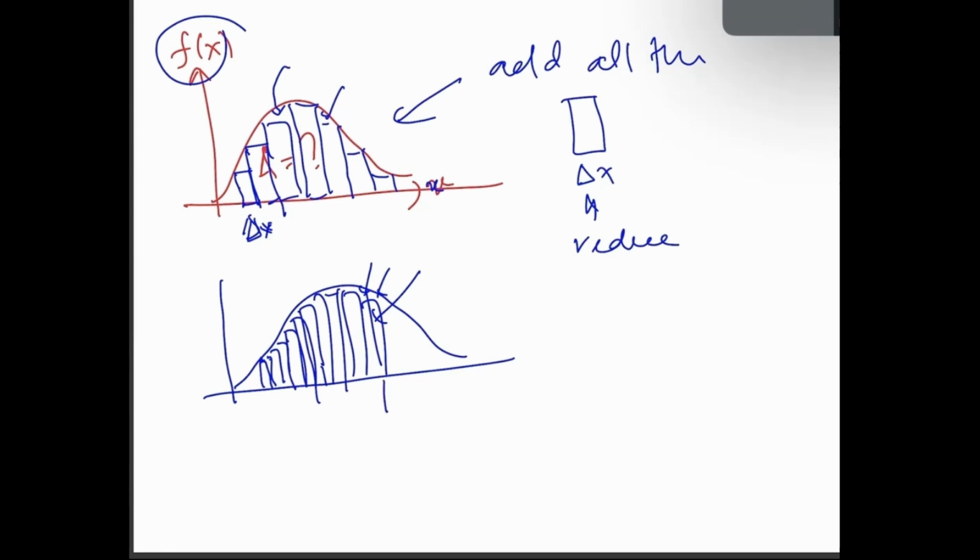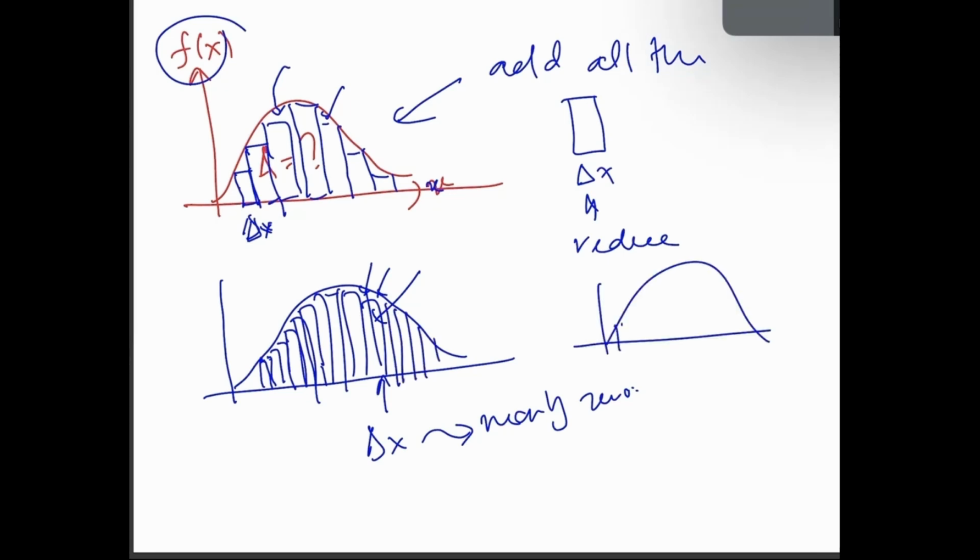We have to reduce delta x to be very small, extremely small, nearly zero, but not zero. Very small.